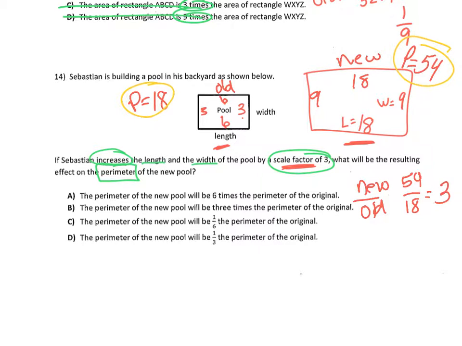Good. So A says it'll be 6 times, B says it'll be 3 times. That's the answer we got, so it should be B. And the same thing on this one, you could have gone ahead and eliminated C and D since we saw that it got bigger, or he increased it.